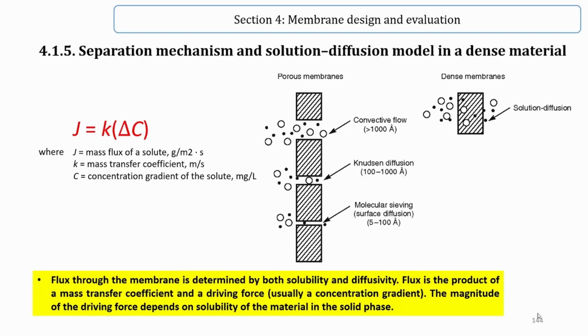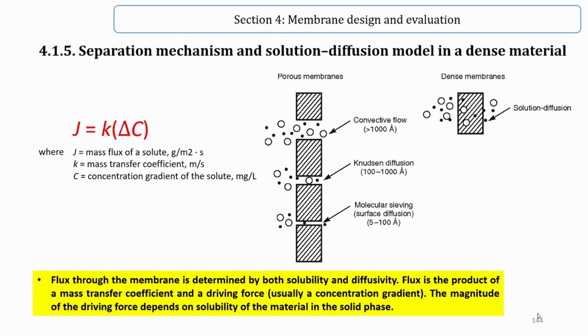Diffusion of water and solutes into a solid material occurs if the solid is loose enough to allow individual water and solute molecules to travel along the interstices between polymer molecules of the membrane.